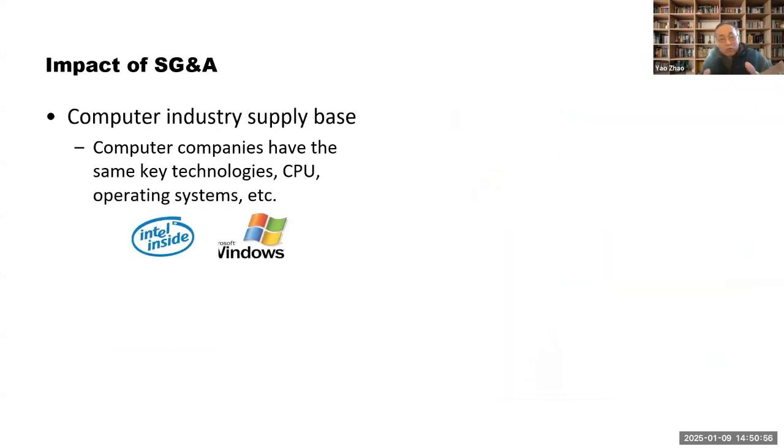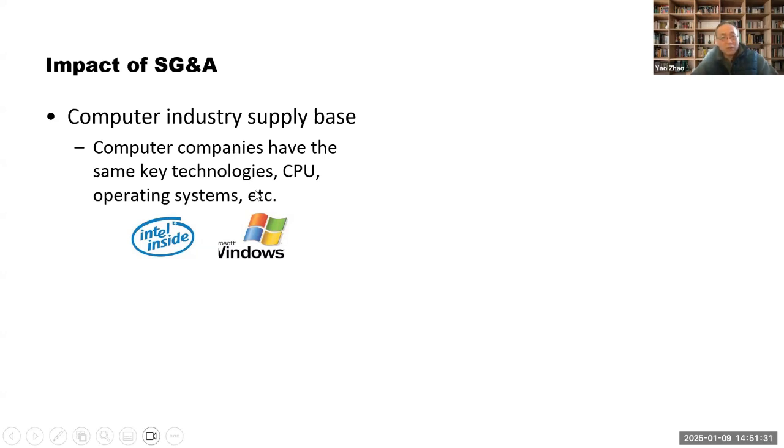We just talked about the importance of cost of goods sold, but sometimes companies in the same industries have the same supply base and also production technology. So it's hard to improve on cost of goods sold sometimes. One example is the computer industry in the US.